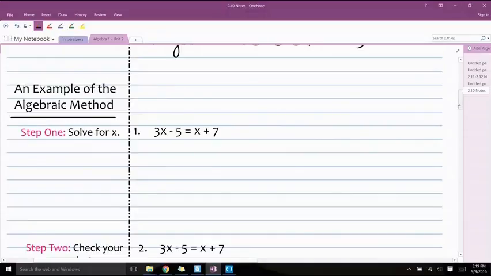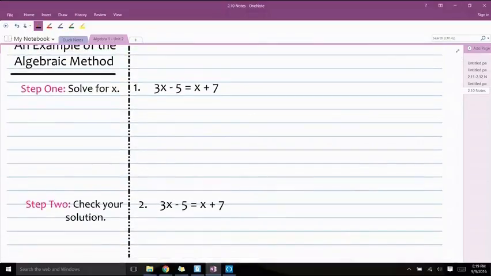An example of the algebraic method. The equation we're going to work with first is 3x - 5 = x + 7. Step one, solve for x. What does it mean to solve? We said before that the solution is the value of the variable that makes the equation true.